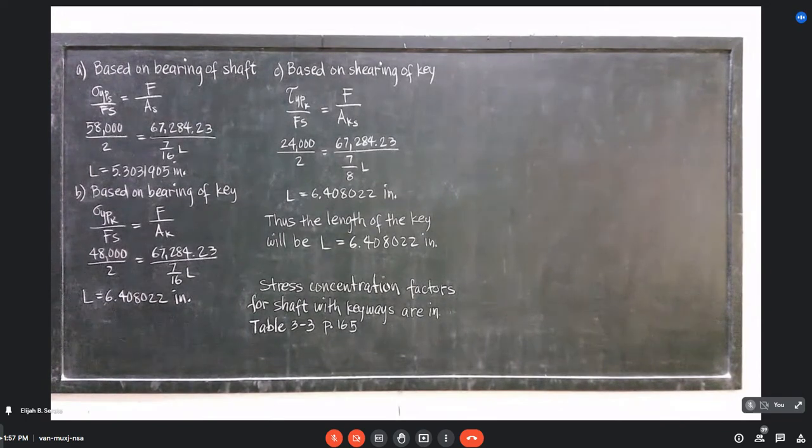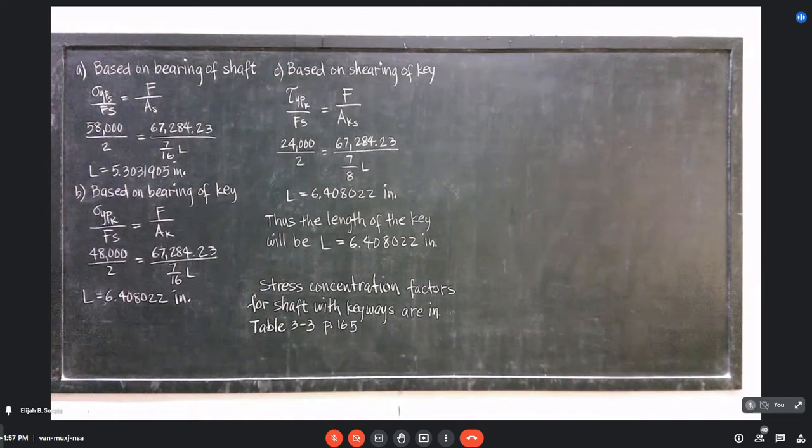Okay, that is a very common practice in mechanical engineering. Why? Because it is easier to replace a key than replacing a shaft. The key is like a fuse. Mura na siyang fuse nga, in cases there is overload, ang fuse mo give way, dili ang imong alambre, no?